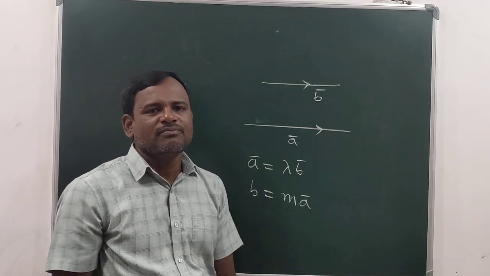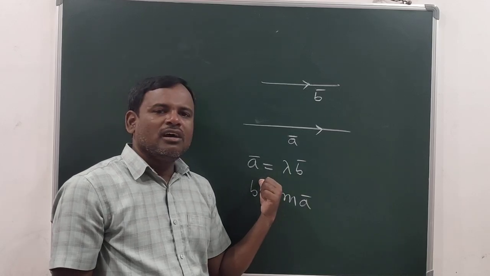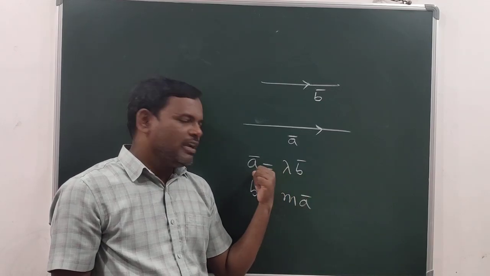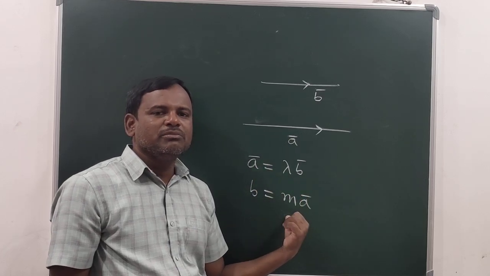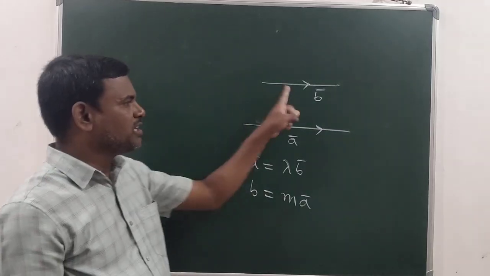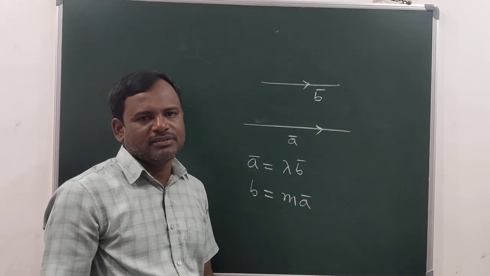If both vectors are parallel or collinear, then you get A is equal to lambda B bar. A is lambda times B, or B is M times A. Remember this, very very important. If two vectors are parallel or collinear, then you have to apply this condition.